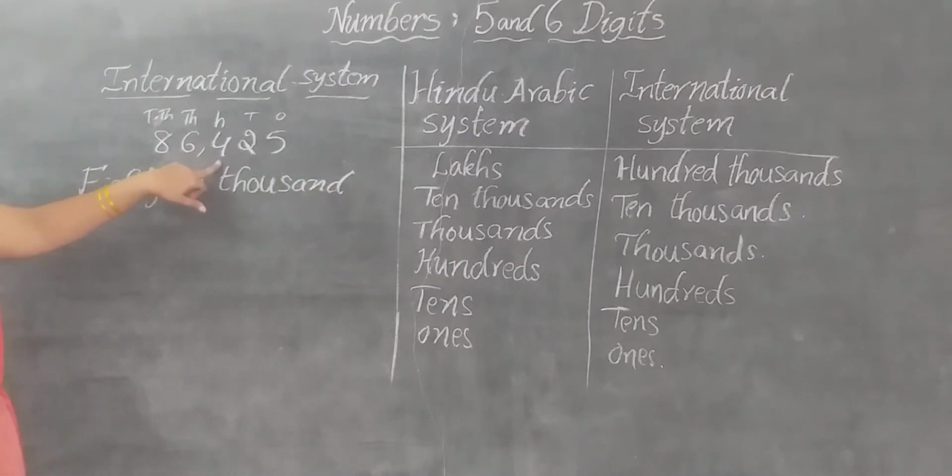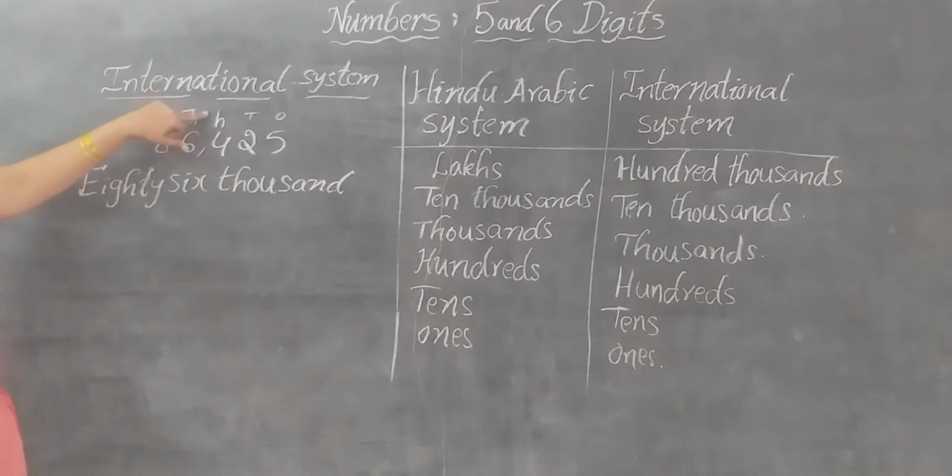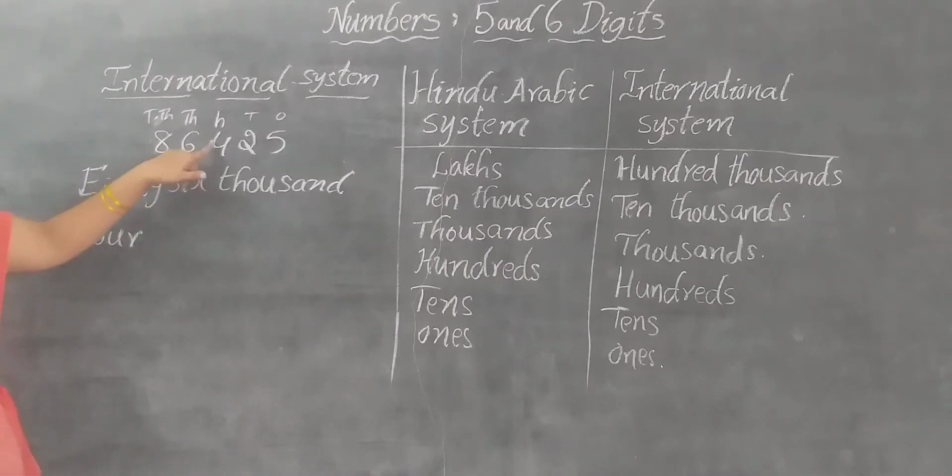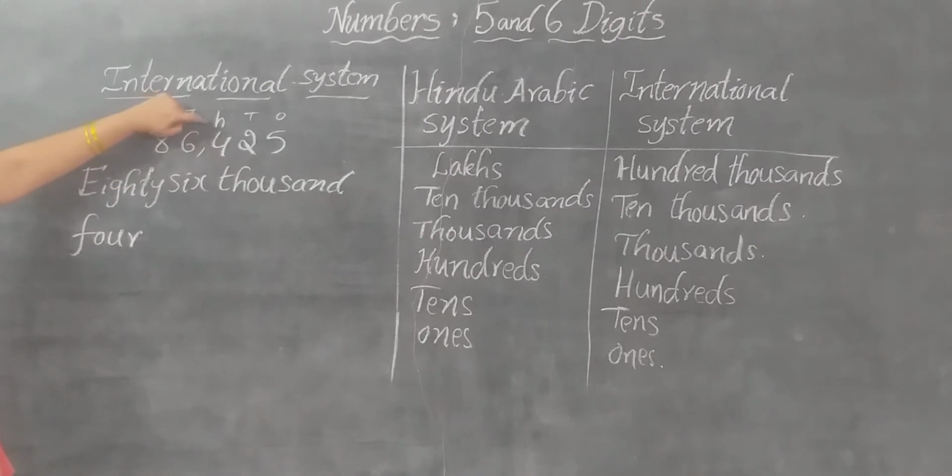Next, 4 is in which place? Hundreds. So 400. 400 or 1,000? See here. Is this the thousands place? No, this is the hundreds place. So 400.